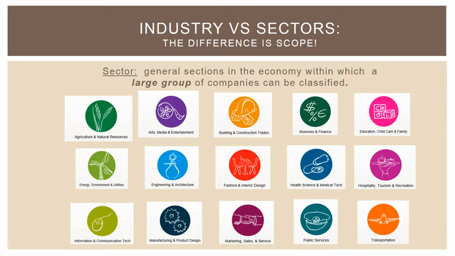These consist of a group of organizations that make like products or provide related services. The economy can be broken down into 15 industry sectors, as you see on the slide, such as agriculture and natural resources, health, science, and medical technology, manufacturing and product design, or public services.